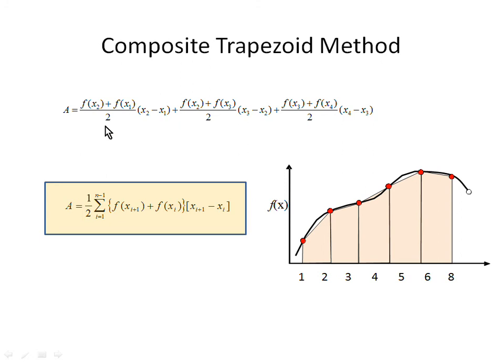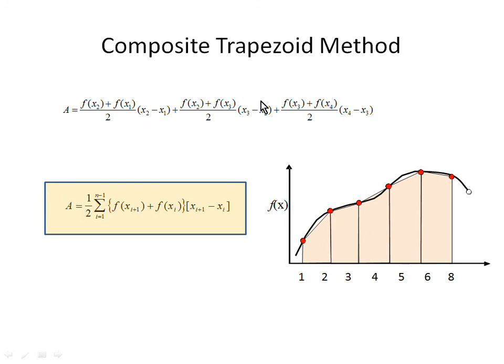So we have these terms here, and when we go to this next one, we increment each one of these terms by 1. And so what we can get is the general formula in terms of a summation.